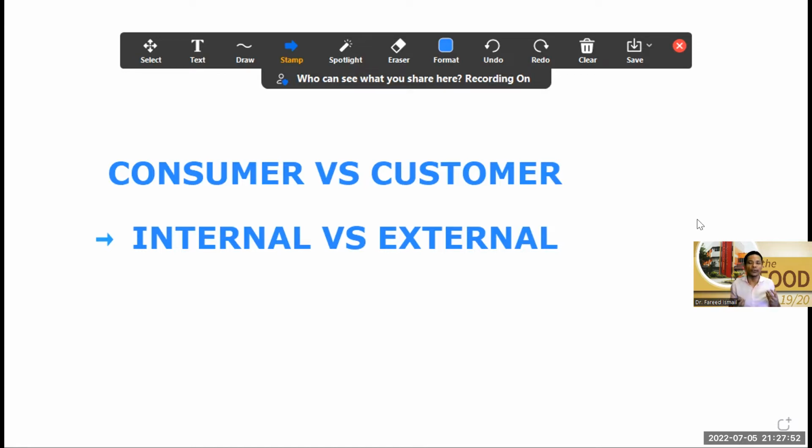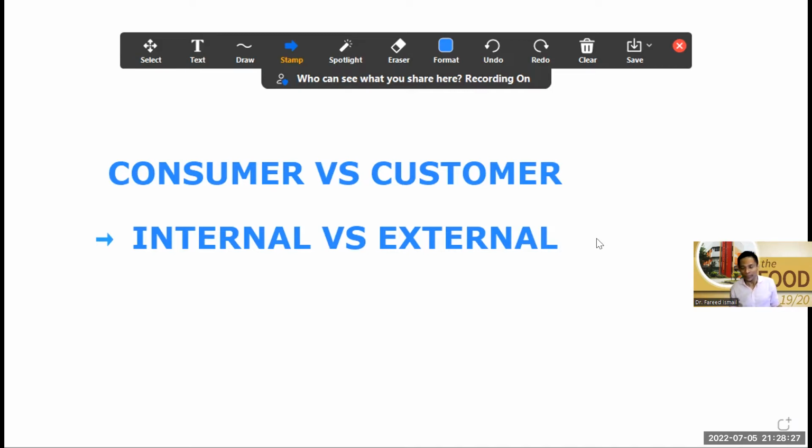For instance, if we take our university, UPM, as our example, UPM might have potential internal consumers, might be the students, the staff, the academics, and so on and so forth. The external might be the residents of Seri Serdang or examiners, potential students, and so on and so forth.